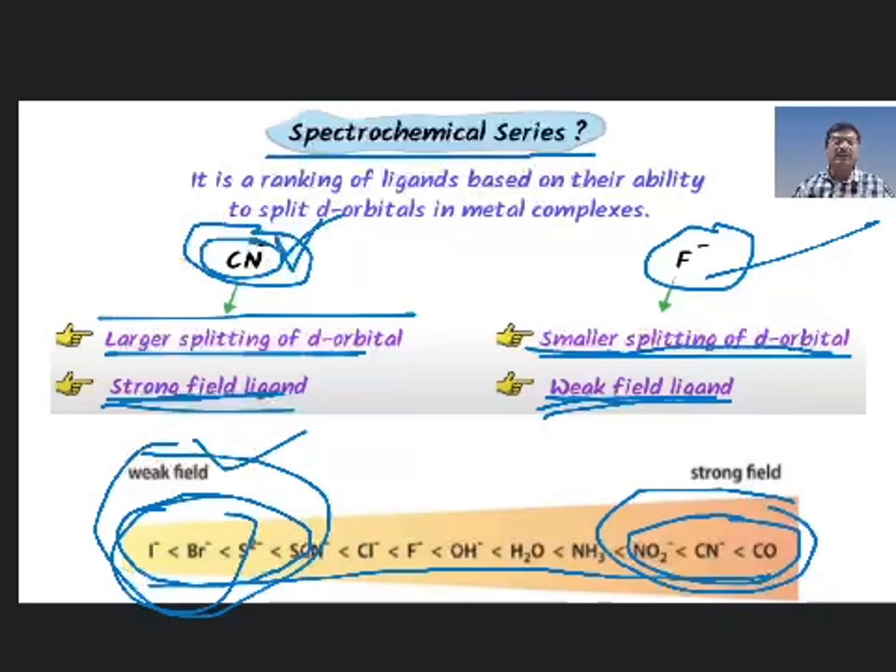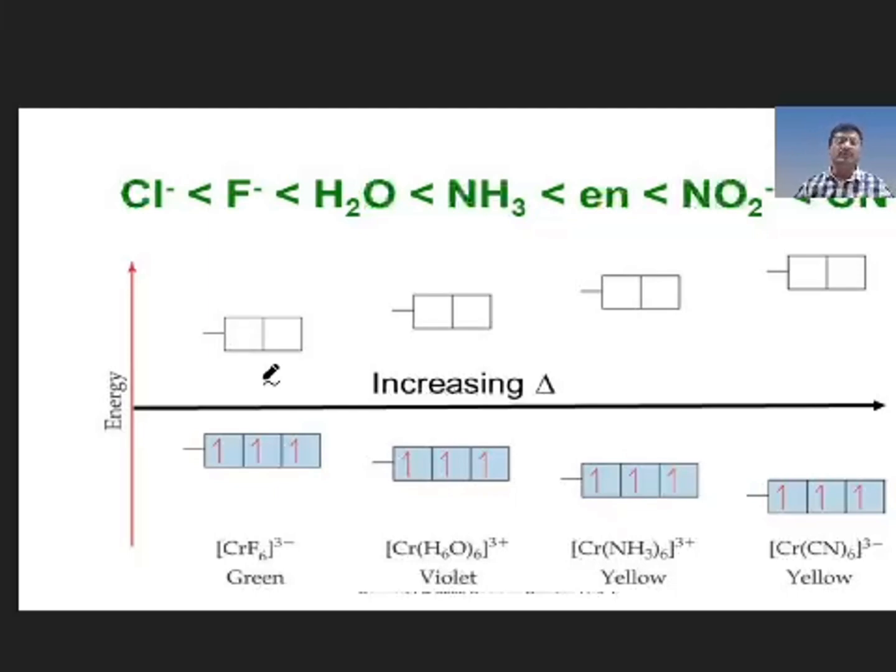To better understand this, let us take one example. Let us take a chromium compound attached to fluoride, water, ammonia and cyanide. Fluoride is a weak field ligand compared to the remaining three, and H2O is a stronger ligand compared to fluoride. Ammonia is the next one and cyanide is the last one.